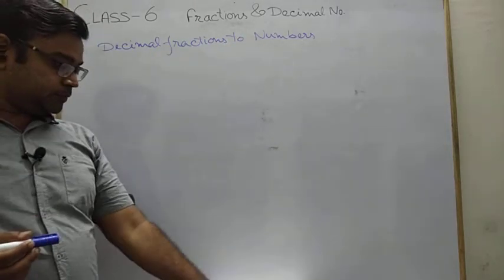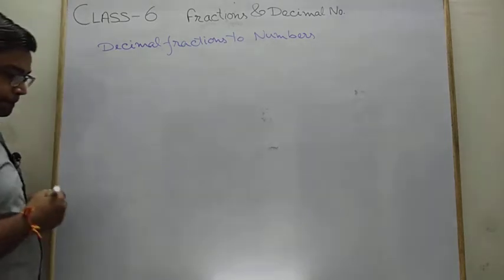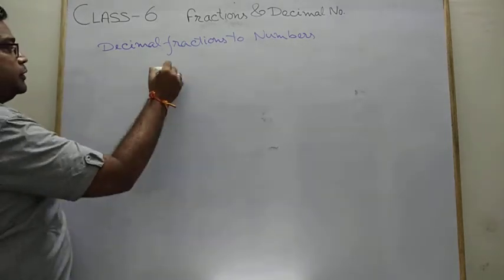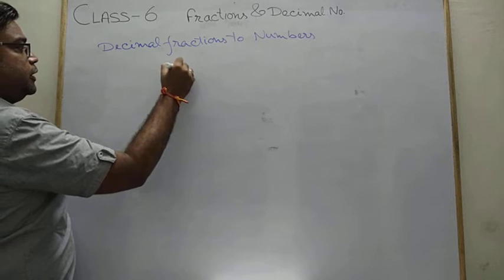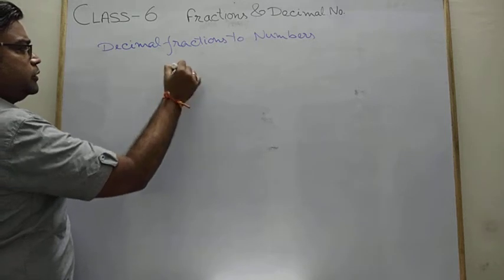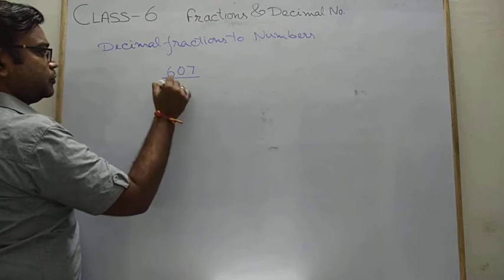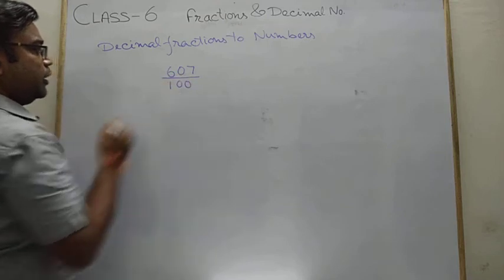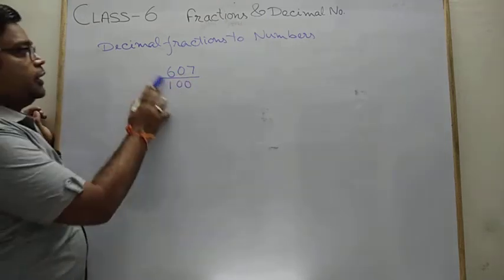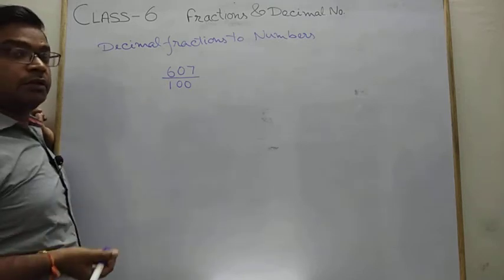For example, I am writing here 607 upon 100. How do we convert this decimal fraction into a decimal number?